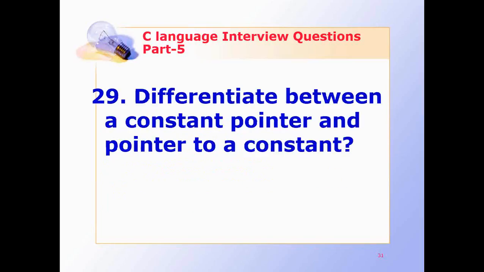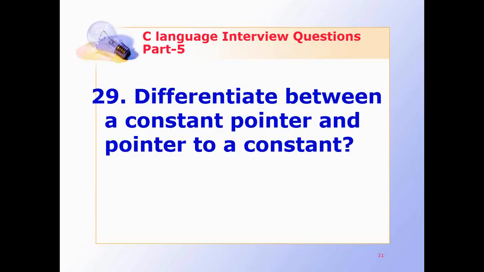Differentiate between a constant pointer and a pointer to a constant. Const char asterisk p: pointer to a const character. Char const asterisk p: pointer to a const character.